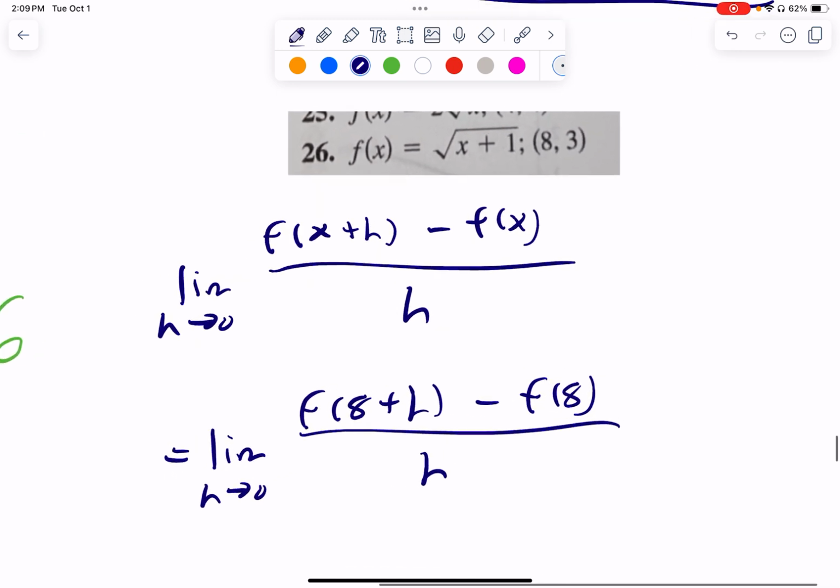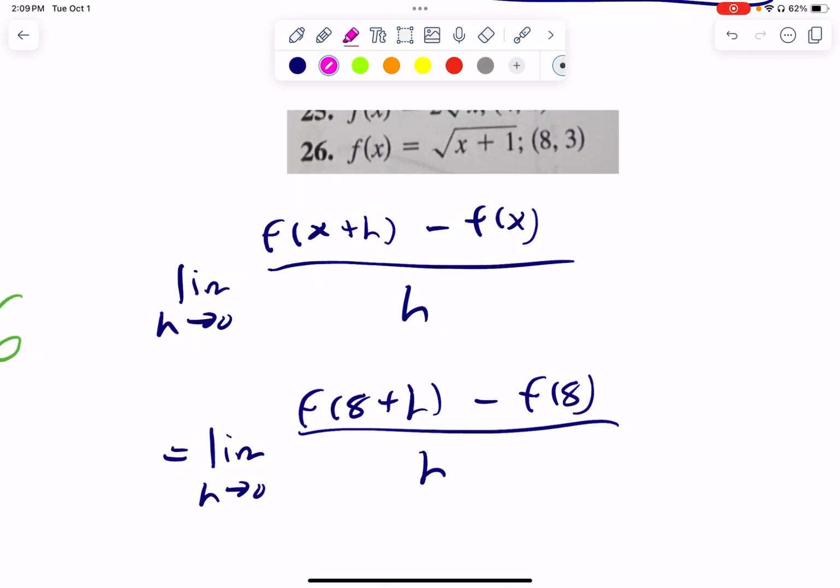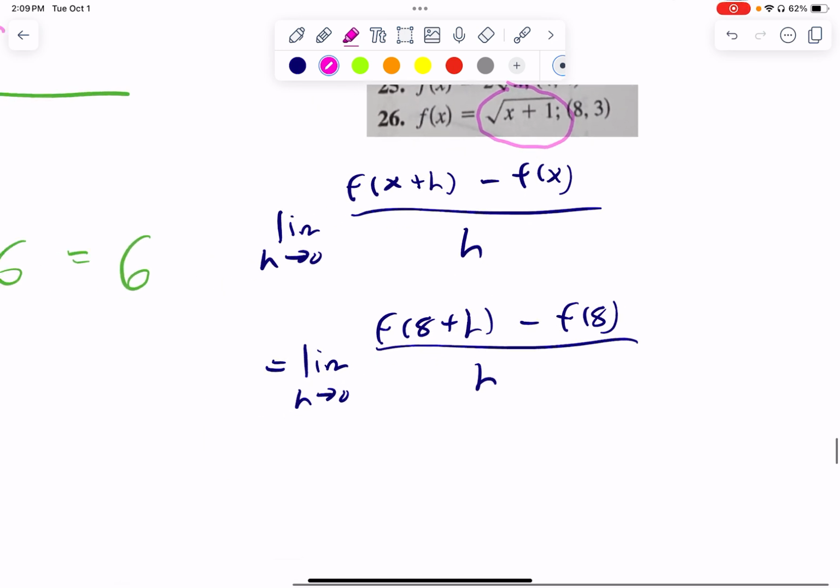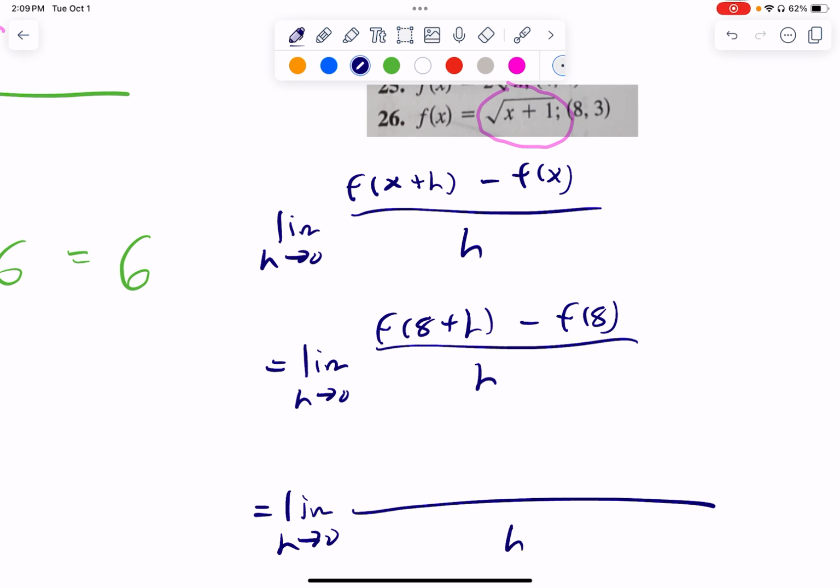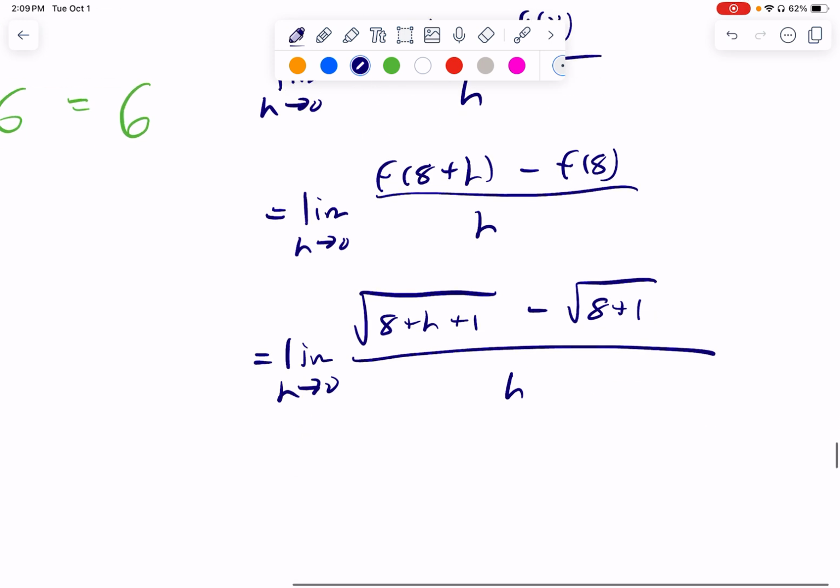And now I will ask, what does this particular function do? Square root of input plus 1. So if I do that to 8 plus h, it is square root of 8 plus h plus 1. If I do that to 8, it is the square root of 8 plus 1.